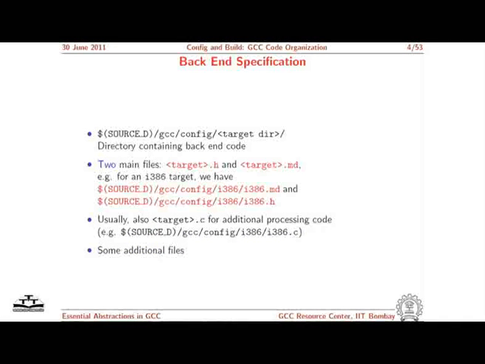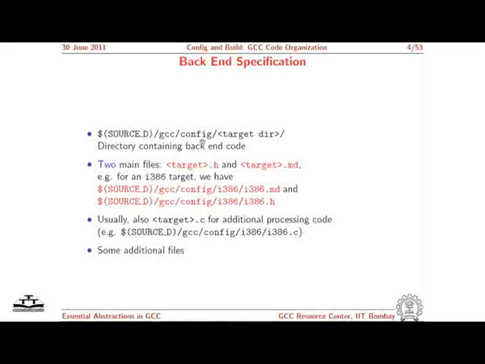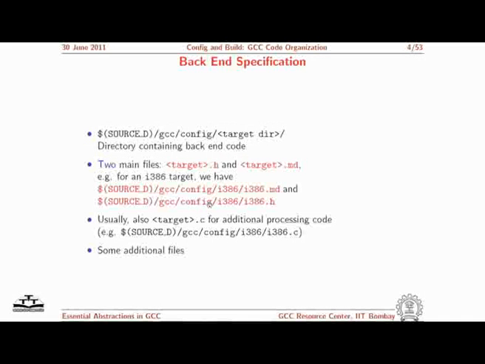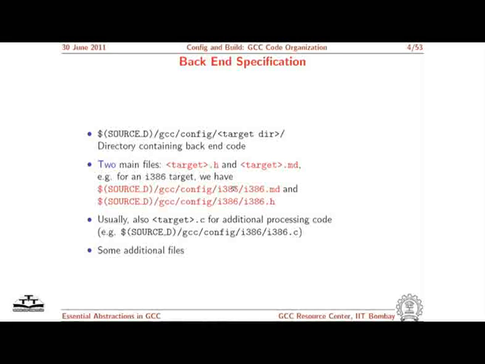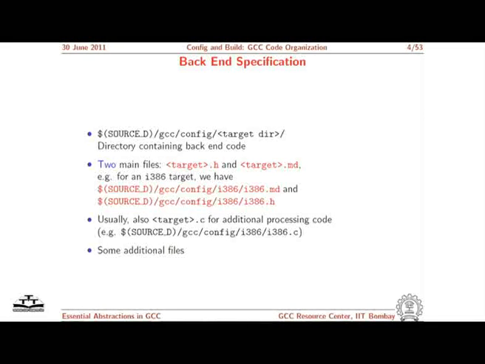The backend specification is also in the same directory, but there is a subdirectory called config. So gcc/config, and within that we have, for example, i386. gcc/config/i386 is a directory where we have specifications for i386. And backends typically consist of 3 files, or maybe a 4th file also, which is kind of optional, but it's very useful.